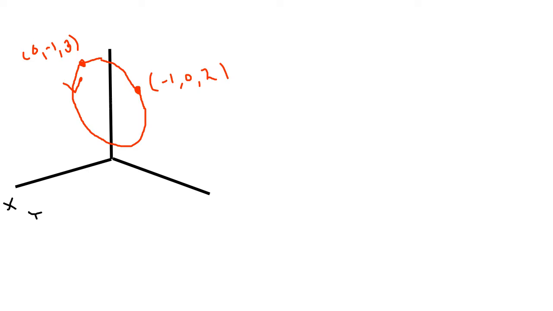We have X, Y, and Z. Okay. And we know for all of our little coordinates here that x squared plus y squared equals 1, and y plus z equals 2.